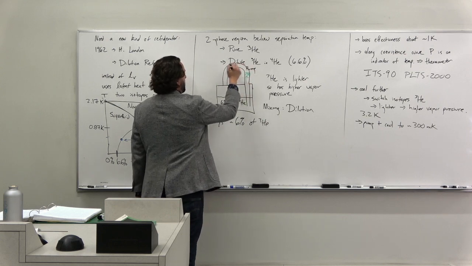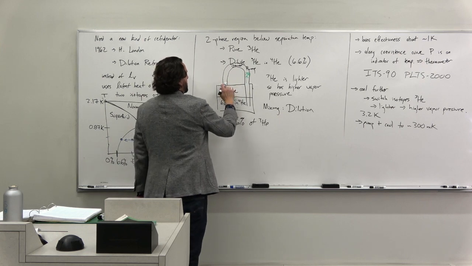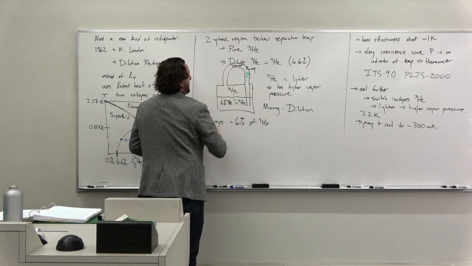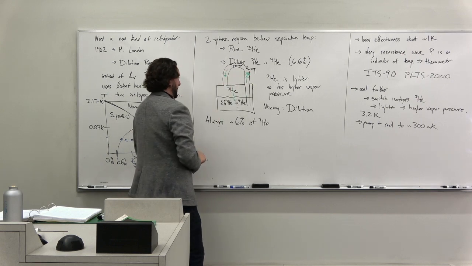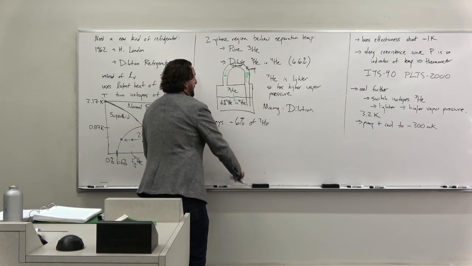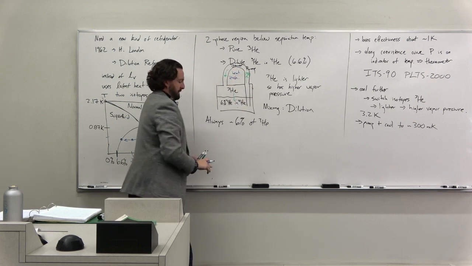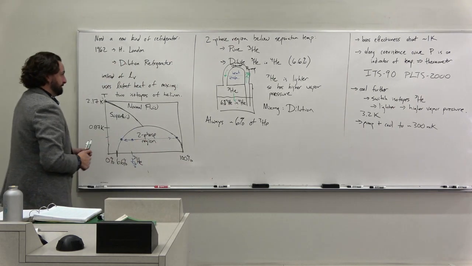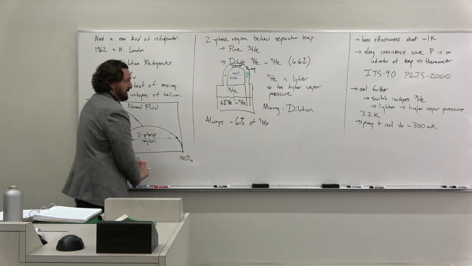It gets cleaned of any impurities, and then it gets put back into this as a closed system. So we have pumps, and then we have obviously quite a bit of heat exchangers so that you don't heat things up. So this is how a dilution refrigerator works.